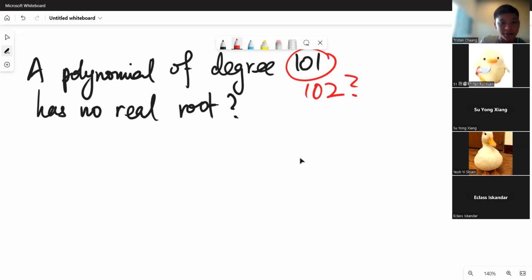Yeah, exactly, so good example. Someone said x^102 plus 1 equals 0 has no real root, which is true. And why? Because a real number to an even power is always non-negative. Add 1 and it's always positive, so it cannot be 0.